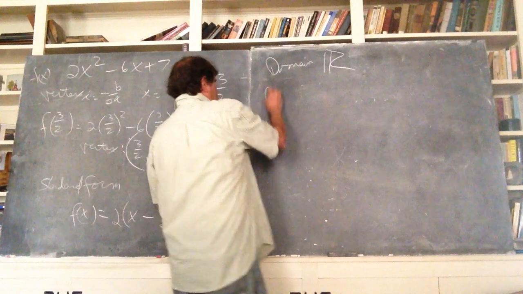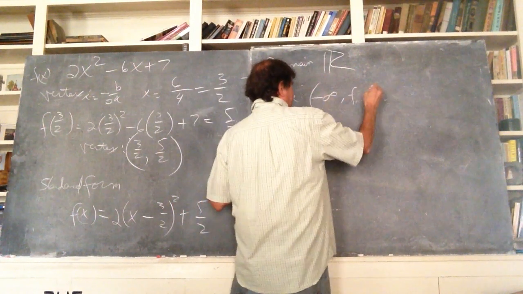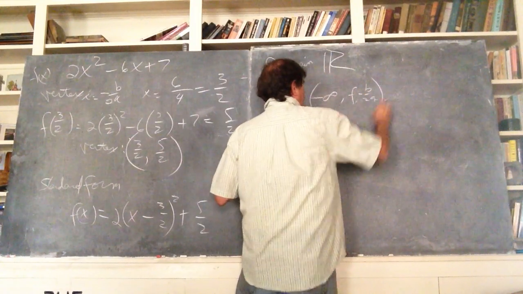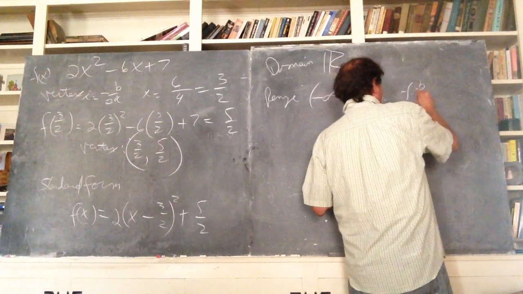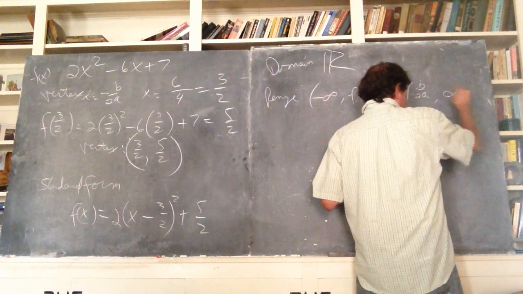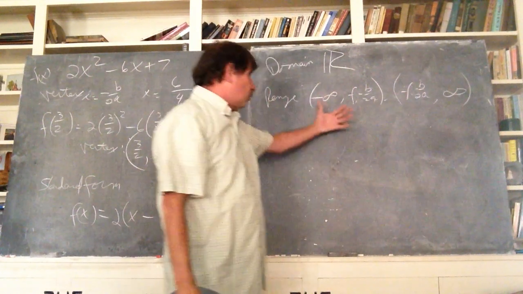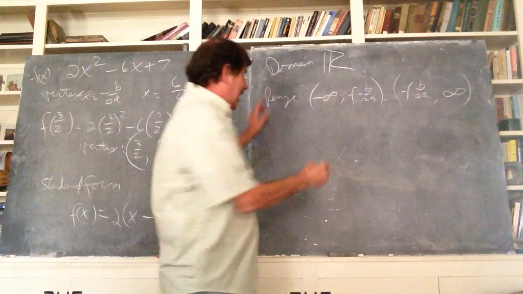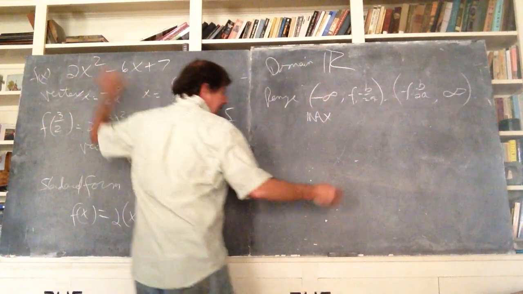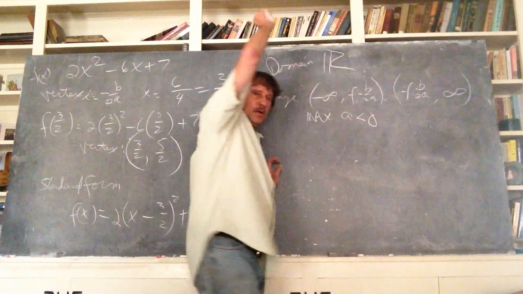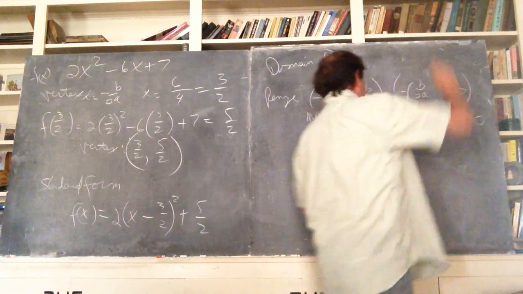The range is either from negative infinity to f at negative b over 2a, or it's from f at negative b over 2a to positive infinity. One or the other. This would be a max, and this occurs when the leading coefficient, a, is less than 0. This would be a min, and a is greater than 0.